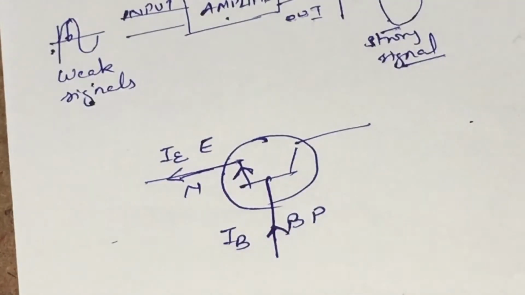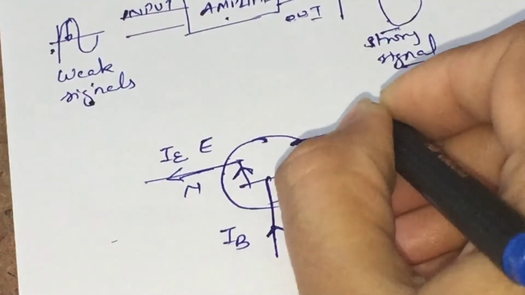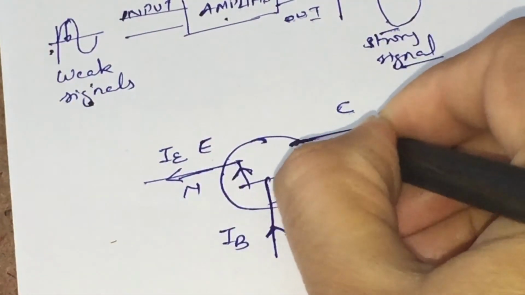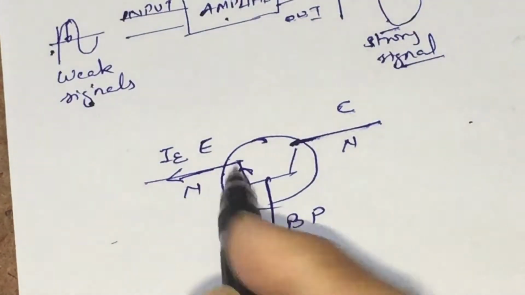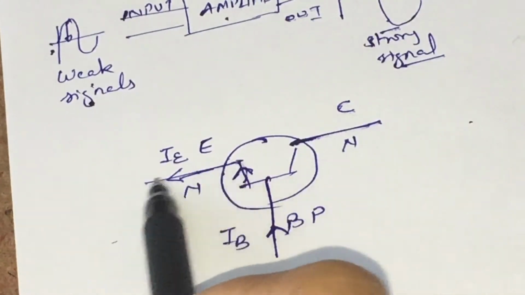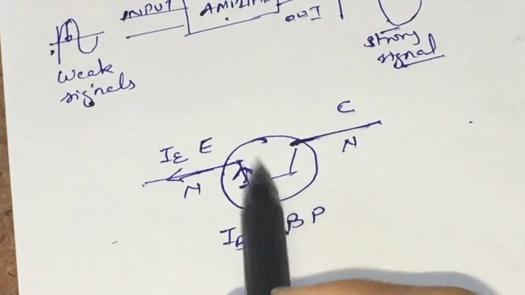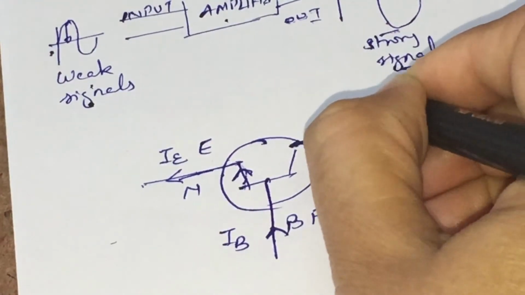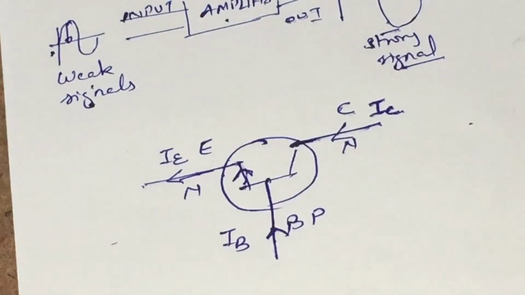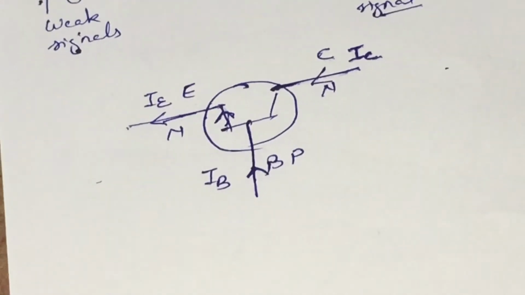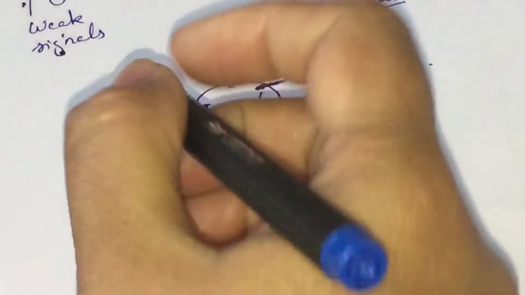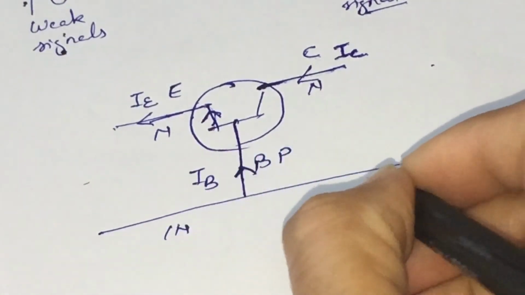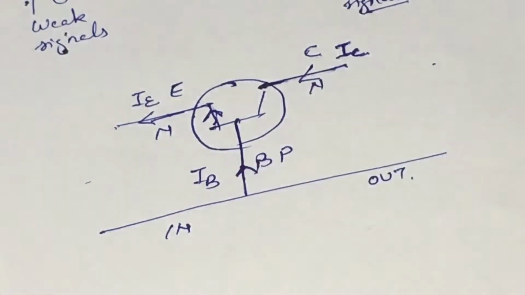Similarly, this side is our collector region, which in an NPN transistor is N-type. As the emitter current is moving away from the transistor, the base current and the collector current move into the transistor. The base is common to the input side as well as the output side.